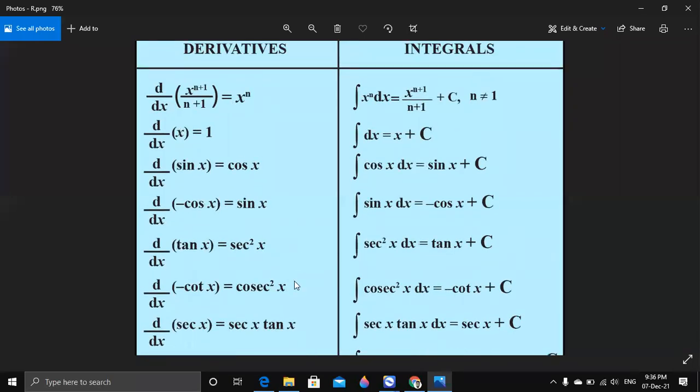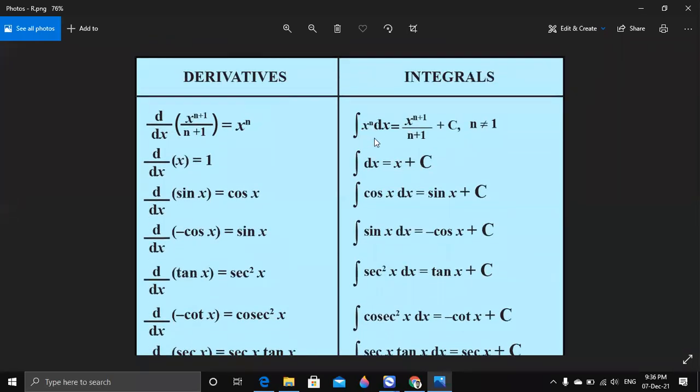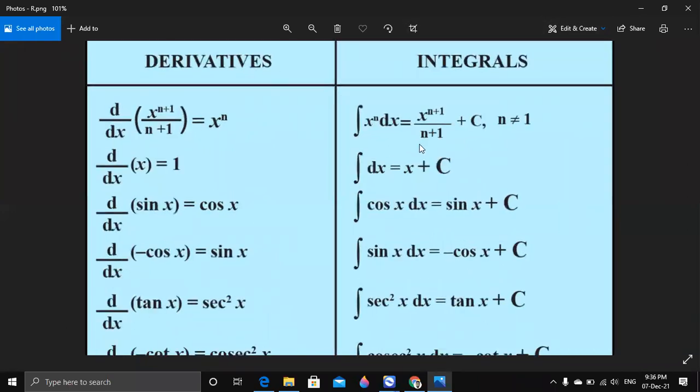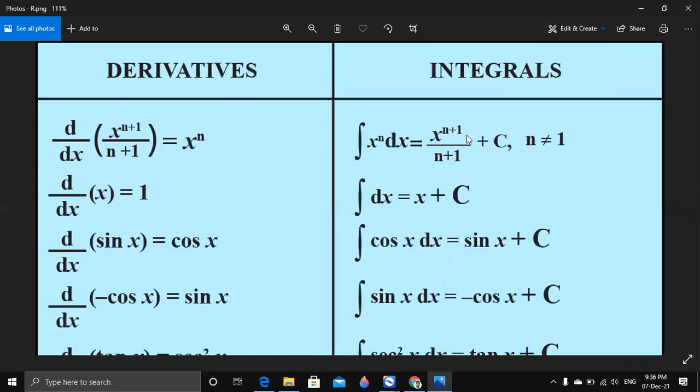So see here, integration of x to the power n dx. The formula is x to the power n plus 1 by n plus 1. That means you increase the power of x by 1, you just add one to the power, and then you divide by the new power. So integration of x to the power n dx is equal to x to the power n plus 1 by n plus 1 plus c, okay?